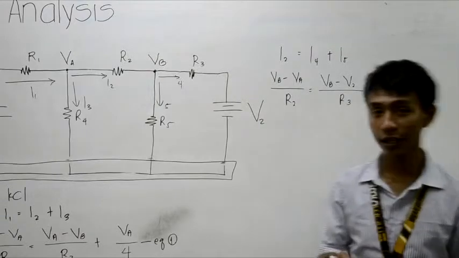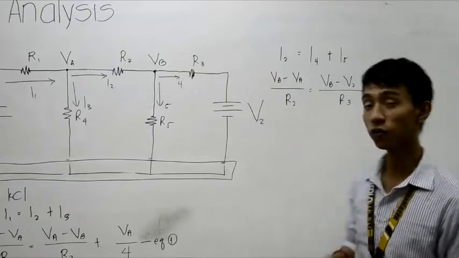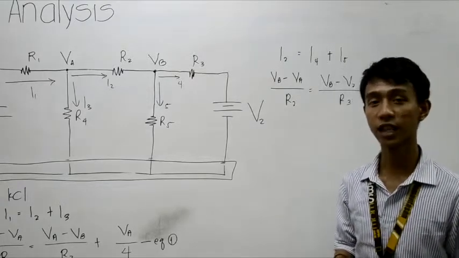So, let's assume here that all the resistors and the 2 voltage sources have a value.